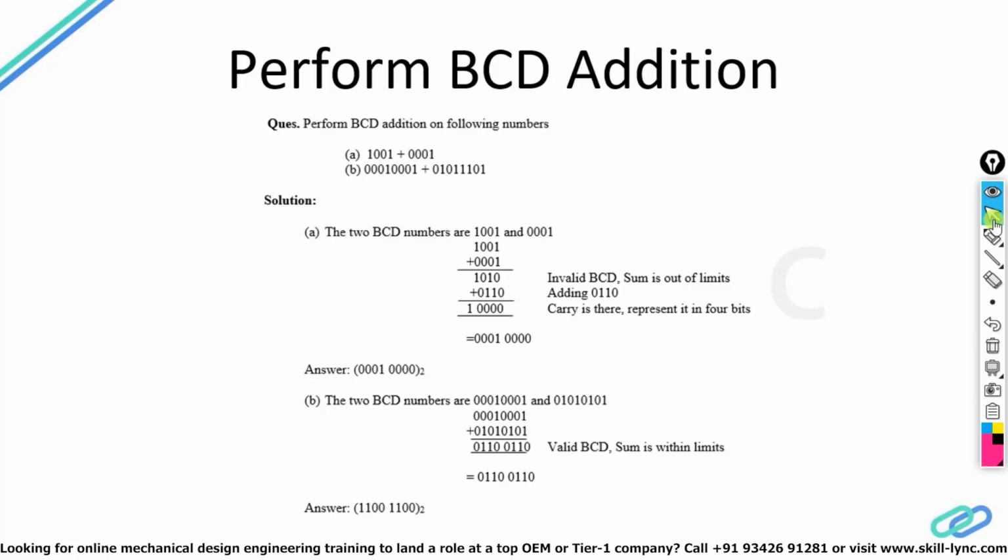After adding 6, whatsoever the answer you are having, if you are having a carry with this, then represent the carry separately in 4 bits. So this is the final thing. And if the number is in between the range 0 to 9, it means it is a valid BCD number. So this is all about the BCD addition.